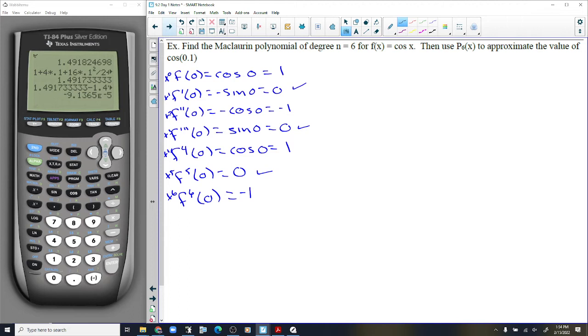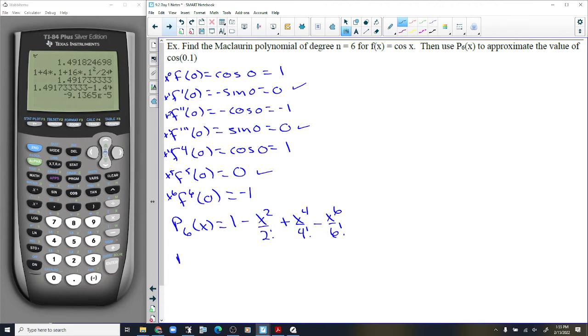If it's an even function, what represents it must have even powers. So p sub 6 is 1 minus x squared over 2 factorial plus x to the 4th over 4 factorial minus x to the 6th over 6 factorial. And you see that the even function has even powers. It must.